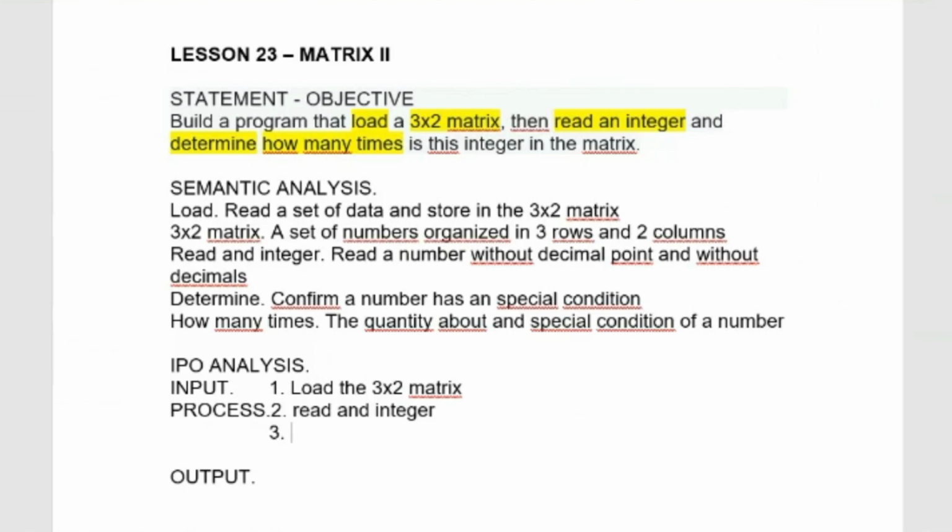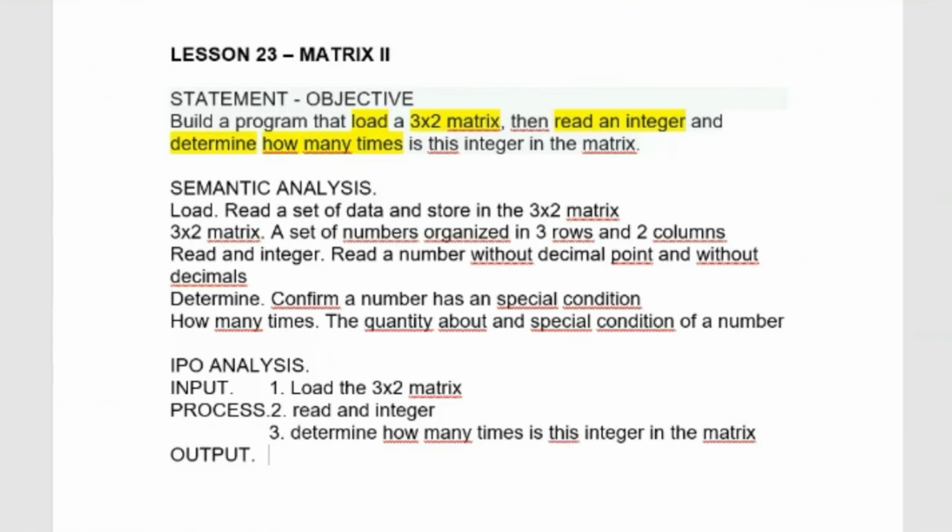Third step, we have to determine how many times this integer is in the matrix. And the number 4 is the output. You have to show the quantity this integer is in the matrix.